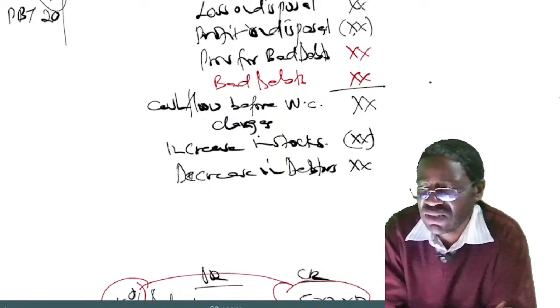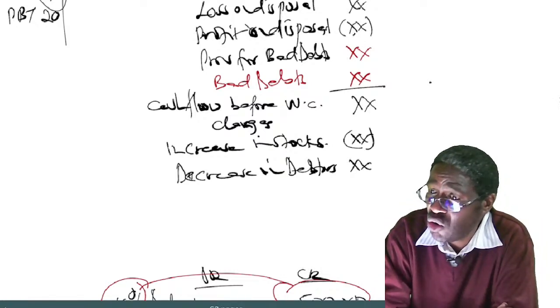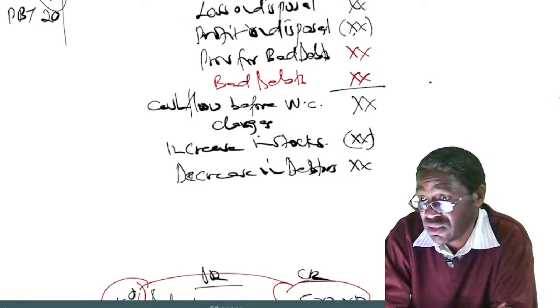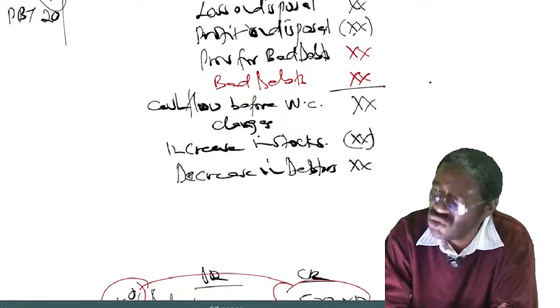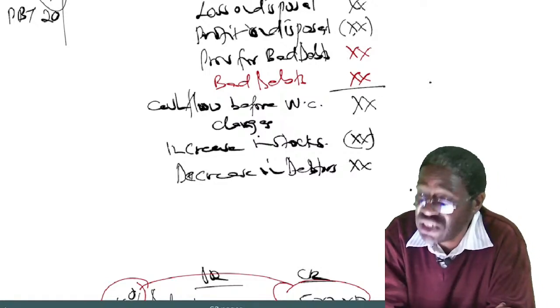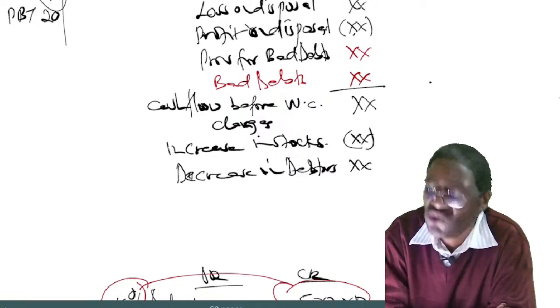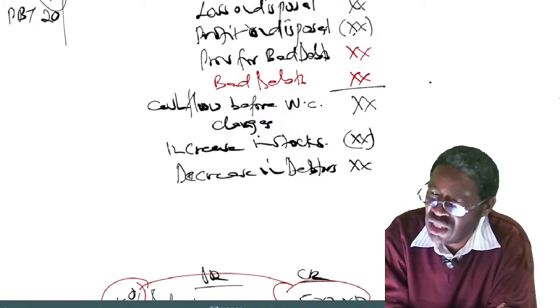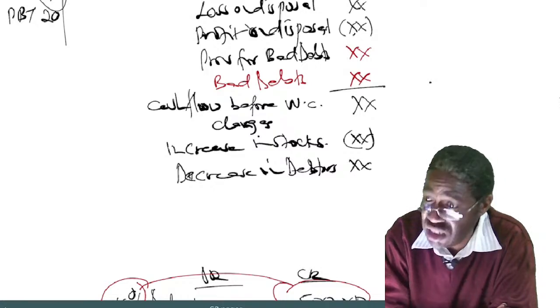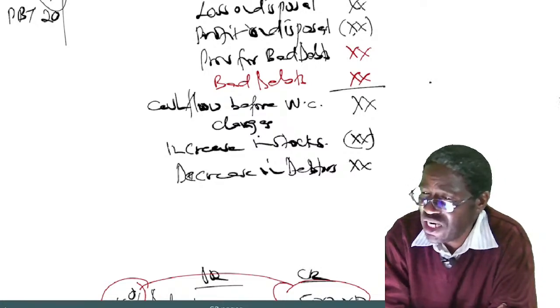Now, listen. Another component of current assets is what we call cash or bank. I know we normally don't analyze cash at this point. Though it's a working capital item, we normally don't analyze it here. Where do we normally analyze it?